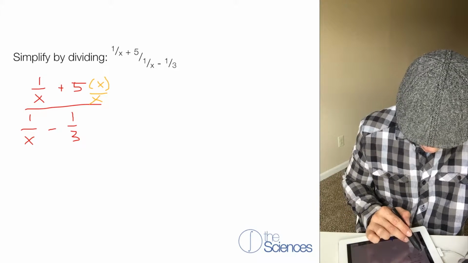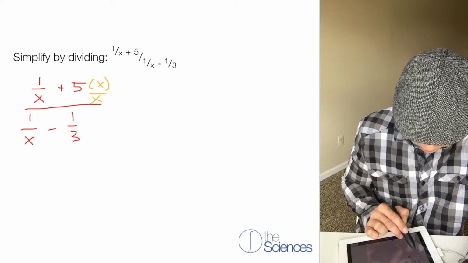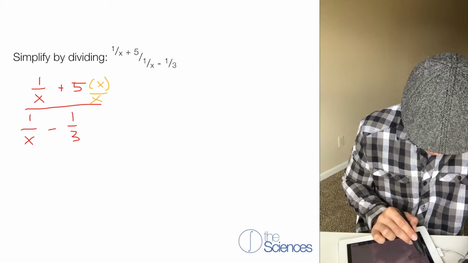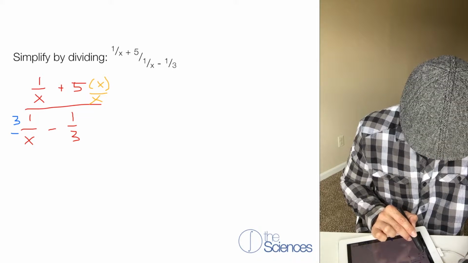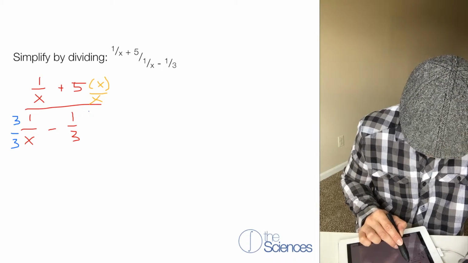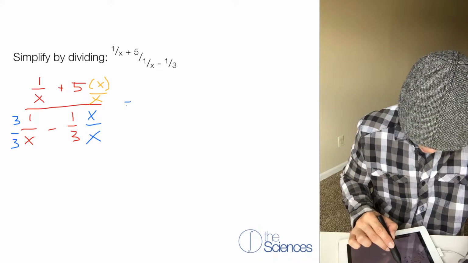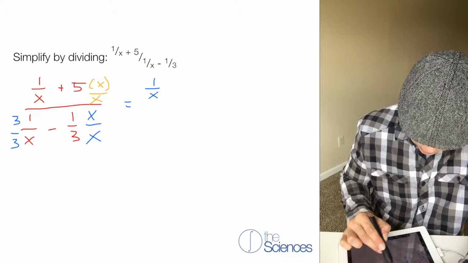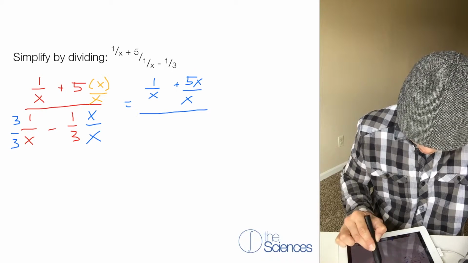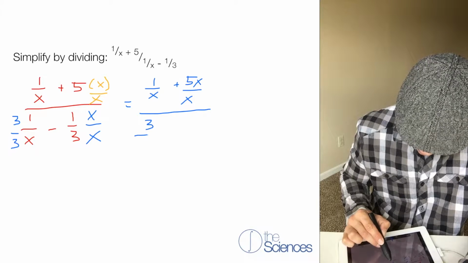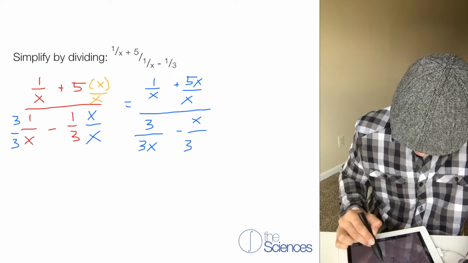And to get 3x in the denominator, we have to multiply the numerator by 3 over 3. And here we're going to multiply by x over x. So now we get 1 plus 5x over x, over 3 over 3x minus x over 3x.